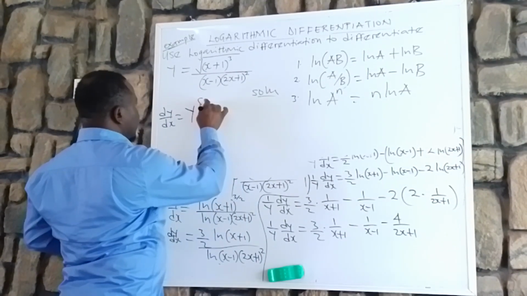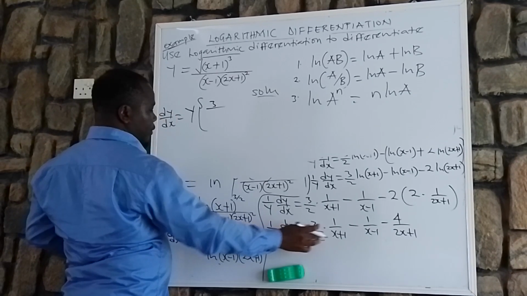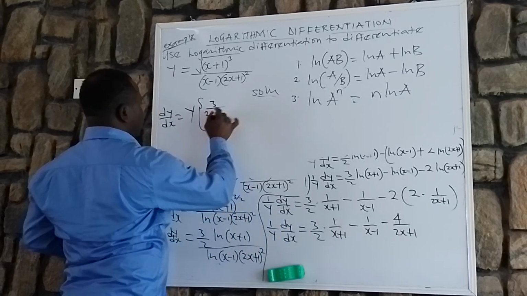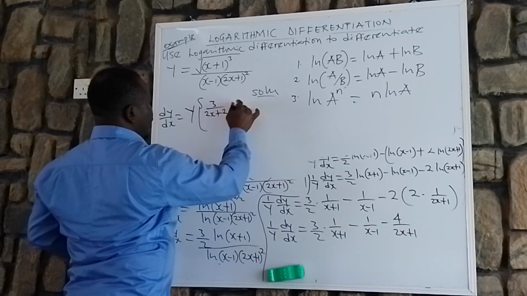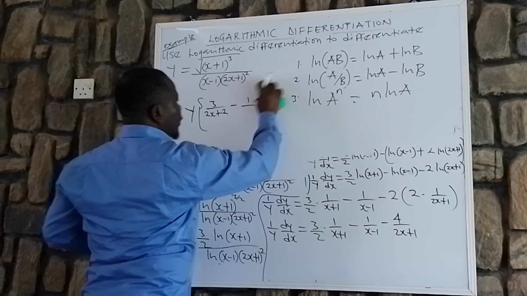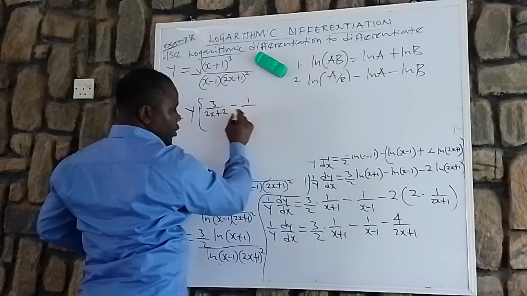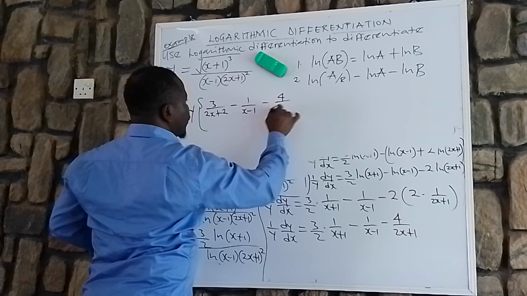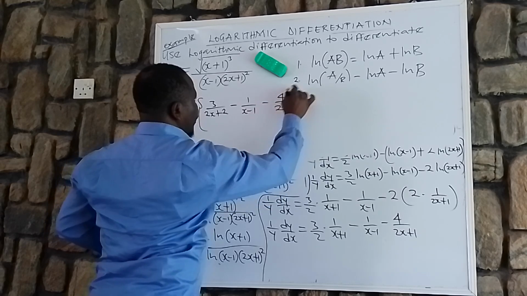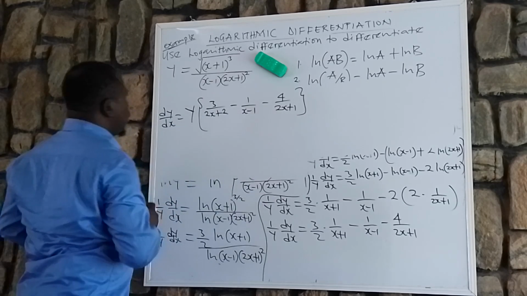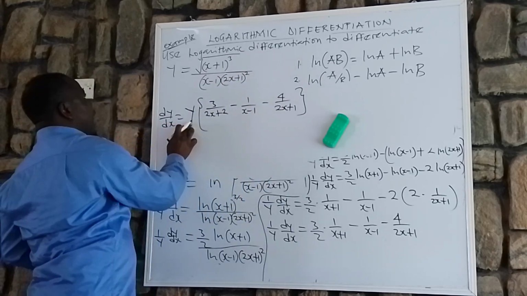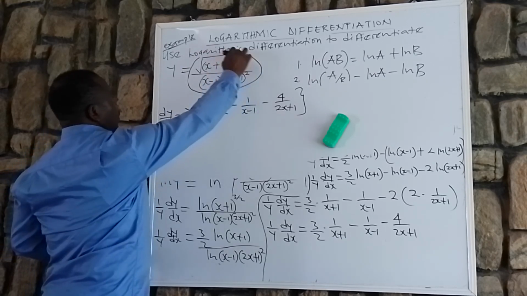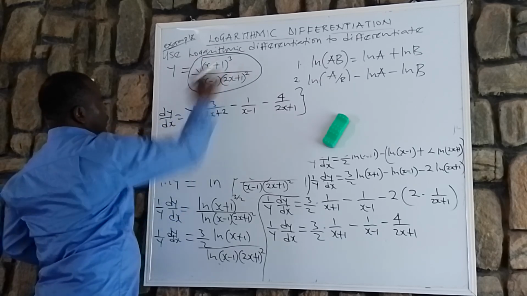Then here will be 3 over 2 times x, it will give us 2x plus 2 times 1 will give us 2, minus 1 over x minus 1, then minus 4 over 2x plus 1. But note that your y here is given as this. So instead of y, you write this function here.